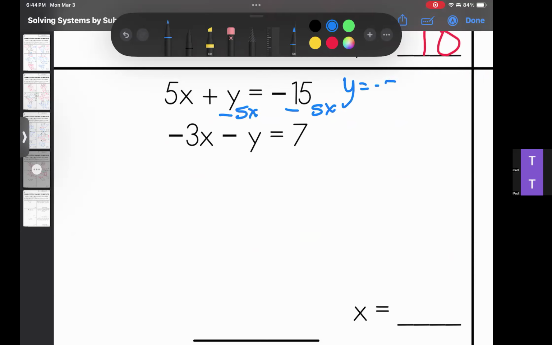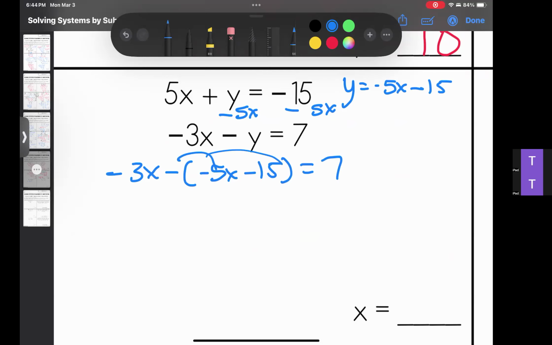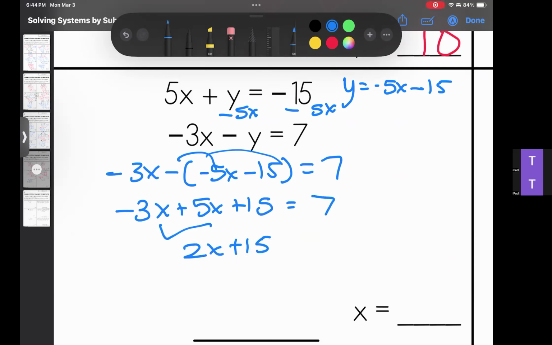All right, y is equal to negative 5x minus 15, negative 3x minus 5x minus 15 equals 7. Distributing that negative sign, which is really just changing it to positive in this specific situation. This is 2x plus 15 equals 7.